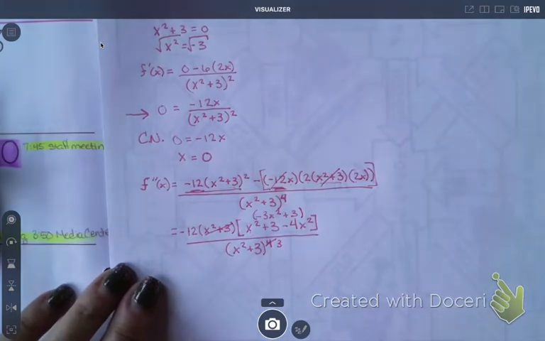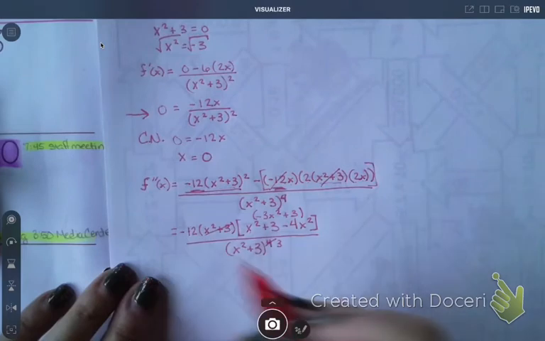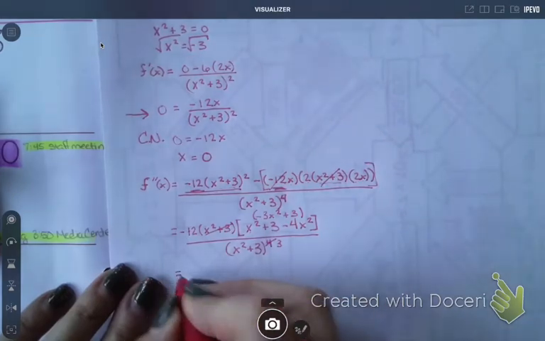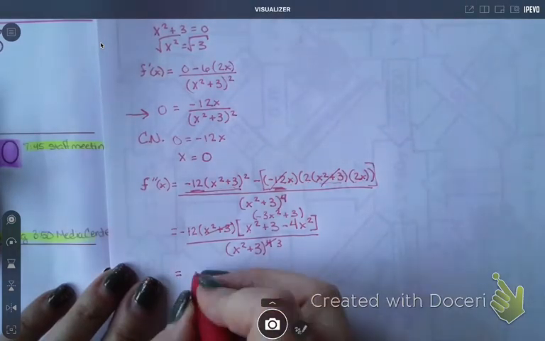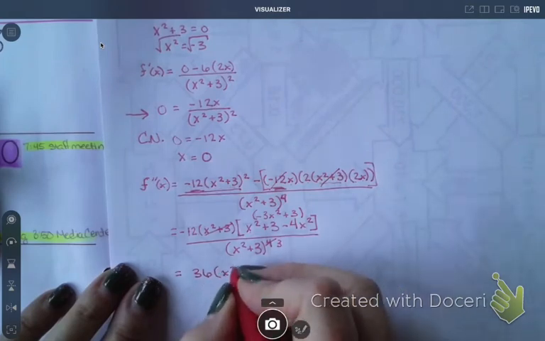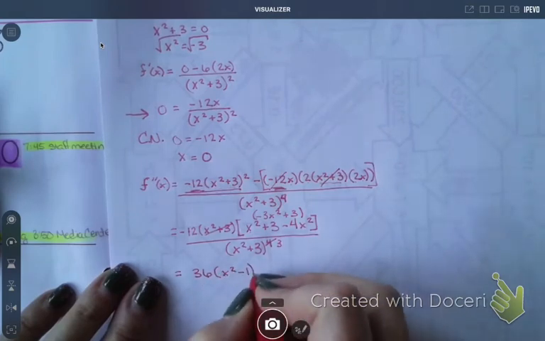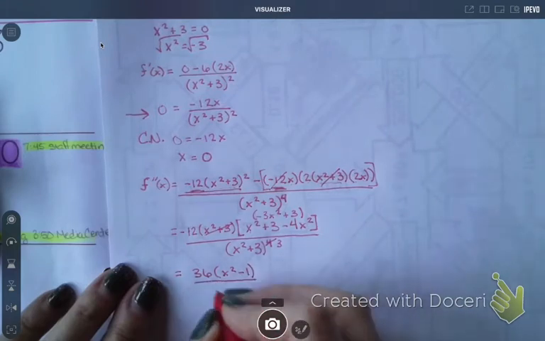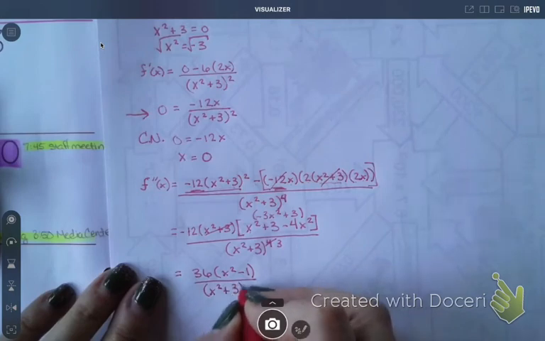The 3. Can I bring out the negative with it? Yeah. So negative 3 times negative 12 is what? 36. So I have 36, and I would be left with x squared minus 1 over x squared plus 3 cubed.